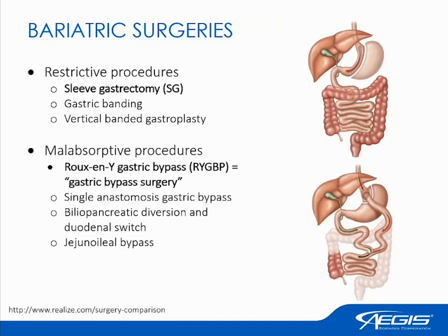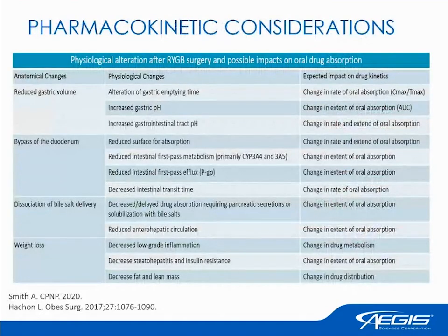Both of these surgeries, on average, lead to anywhere from 50 to 80% weight loss for patients. Keep in mind what is occurring here so that you have an idea of how this is going to impact medications in the upcoming slides.